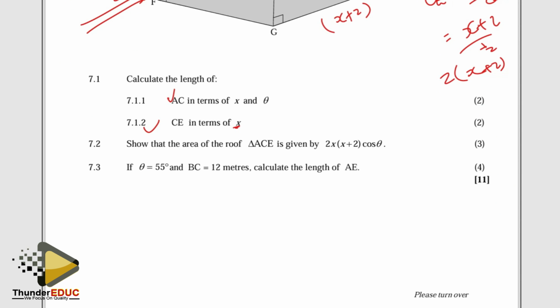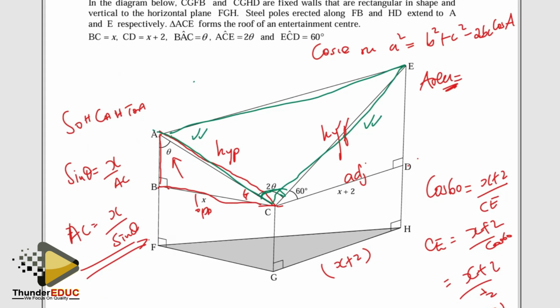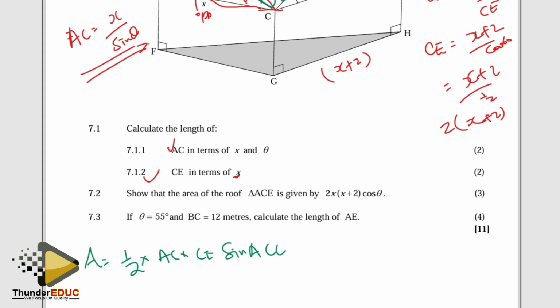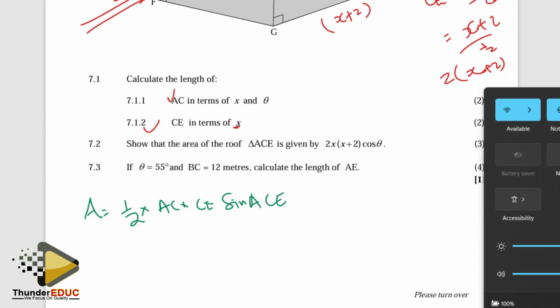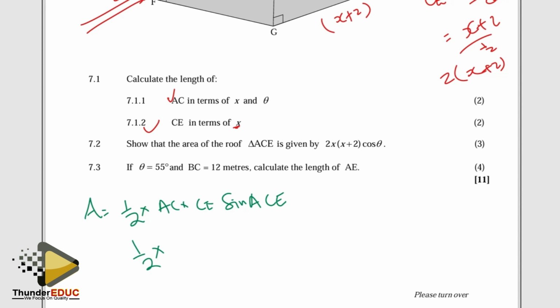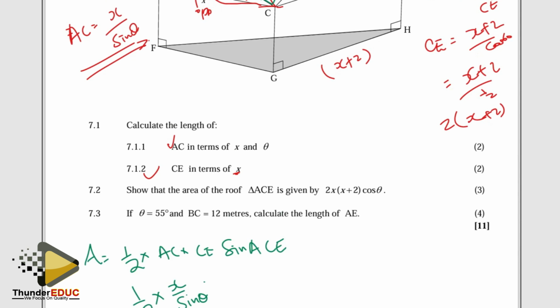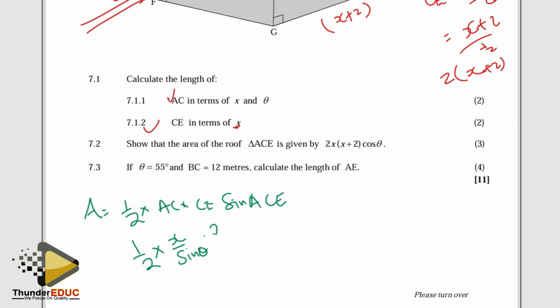So let's just apply that and say the area rule is going to be a half times AC times CE times the sine of ACE. Okay, so that's a half. Our AC was x over sine theta. And then our CE has been twice x plus 2. We are multiplying it by the sine of twice theta.